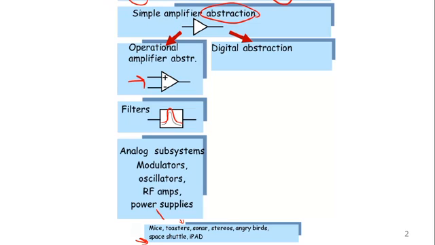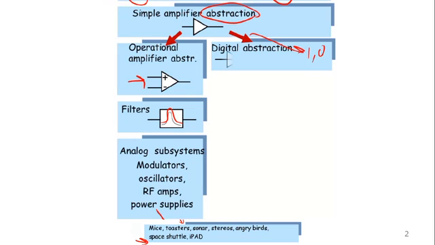Now we can take a second direction that is along the lines of the digital abstraction. In this world, we will make a different set of assumptions. Rather than look at a continuous set of analog values, we will simply look at dividing up all values into two discrete quantities, 1 and 0. And by doing so, we will build up what we call the digital abstraction.